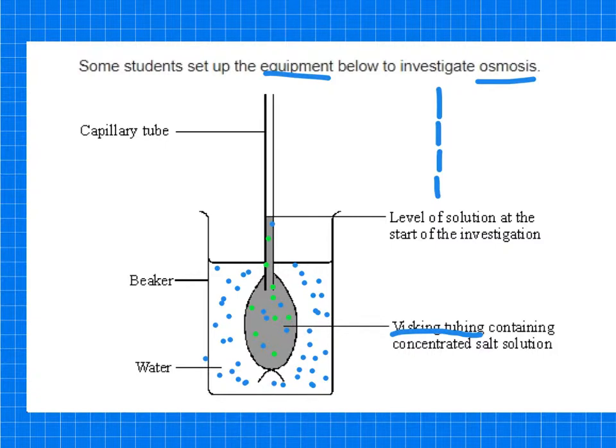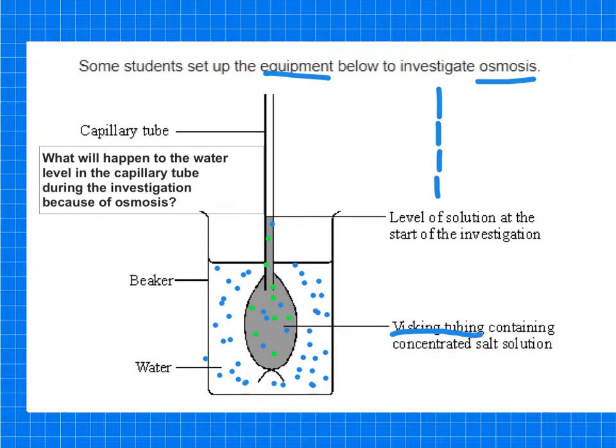Now, a common question is to ask you things like, what is osmosis? And then the question will go on to ask you what will happen to the water level in the capillary tube during the investigation because of osmosis. Well, with our knowledge of osmosis, we know that water will move from a more dilute concentration to a concentrated solution.